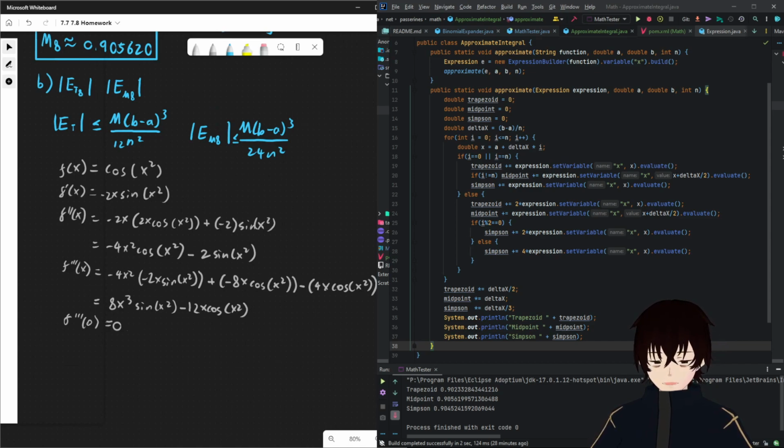Second equation, negative 4x squared cosine of x squared times negative 2 sine of x squared.